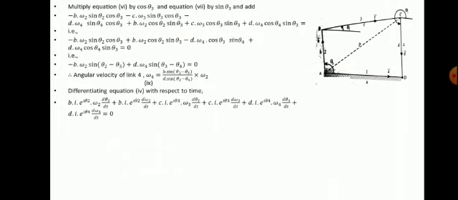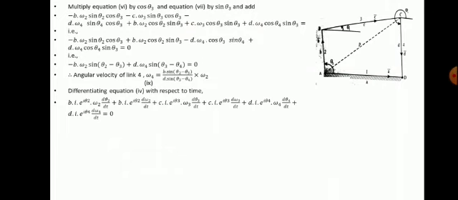Minus c omega 3 sin theta 3 cos theta 3 plus c omega 3 cos theta 3 sin theta 3 cancels out. We get, by equating these equations, minus b omega 2 sin theta 2 minus theta 3 plus d omega 4 sin theta 3 minus theta 4 is equal to 0.